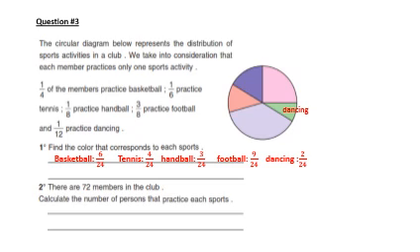After the green, you can see it's orange, which is for handball, as after dancing. Handball is 3 out of 24, dancing is 2 out of 24. So you can do them like this. After the orange, you have the pink. The pink is for tennis.